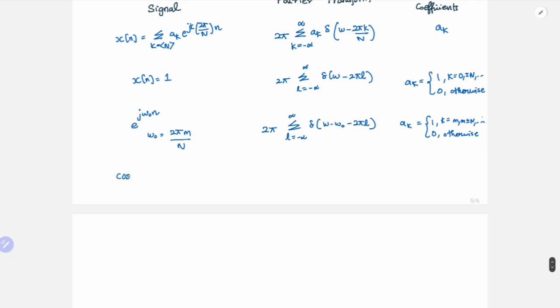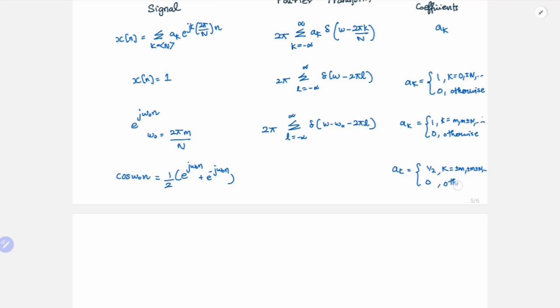So next is your cos ω0n. Here, this is nothing but 1/2 (e^(jω0n) + e^(−jω0n)). So here your a_k will be nothing but 1/2, 0 for k equal to, here if you again take ω0 equal to 2πm/N, here only you will have plus minus m, plus minus m plus minus N and so on, because you have both the e^(jω0n) and e^(−jω0n) terms.